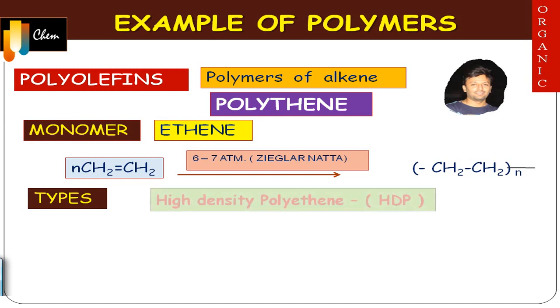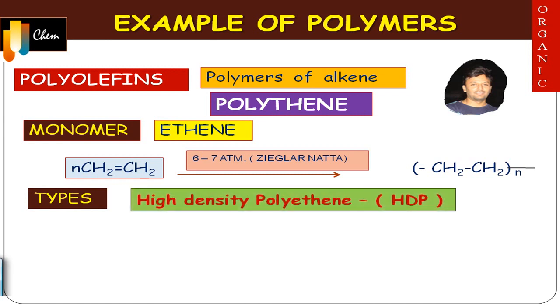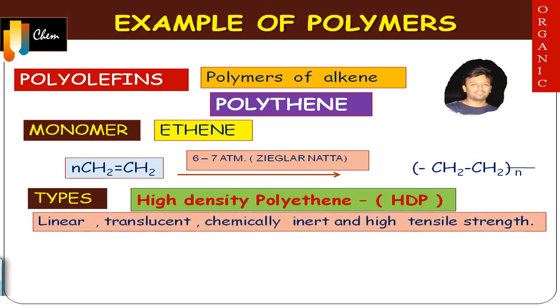Polythene is of two types. Number 1, high density polythene, HDP, and number 2, low density polythene, LDP. First of all, high density polythene: linear, translucent, chemically inert, and high tensile strength.